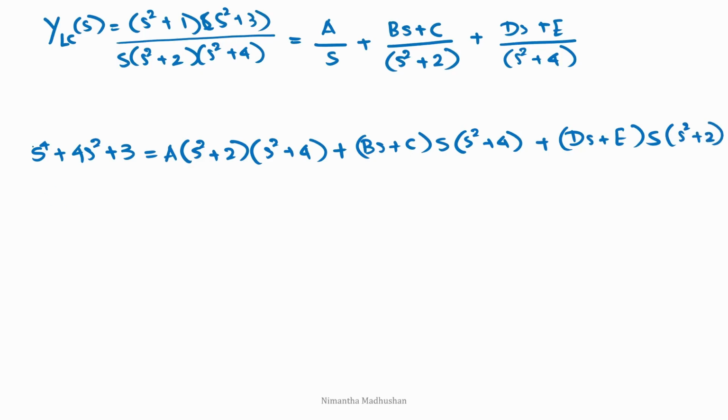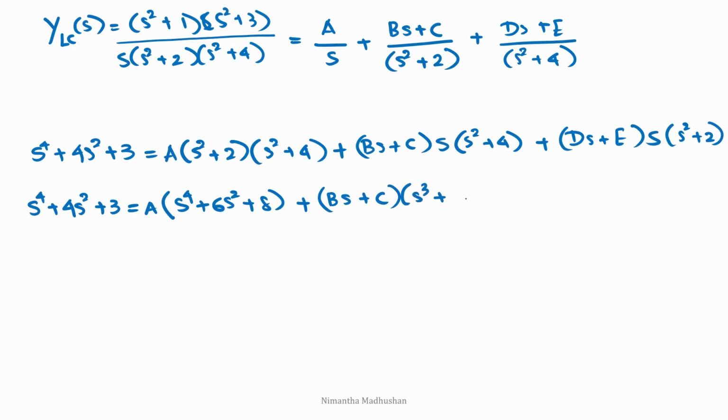This is the expansion of the left hand side and right hand side. I rewrite it again: s to the power 4 plus 4s squared plus 3 is equal to a into (s to the power 4 plus 6s squared plus 8), plus (bs plus c) s into (s squared plus 4), that is s cubed plus 4s, plus (ds plus e) s into (s squared plus 2), that is s cubed plus 2s.